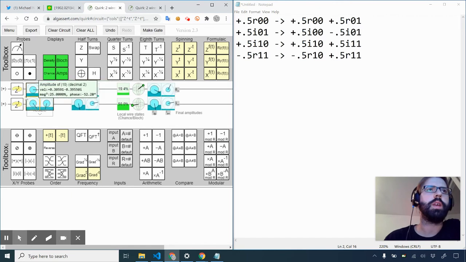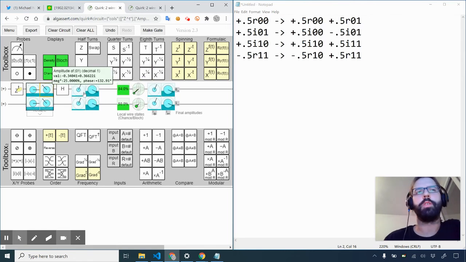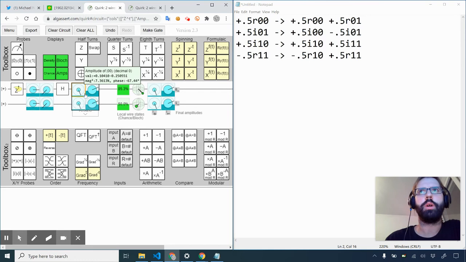So let's spin these guys. Even if we just spin this one, there is already some interference, right? Because the amplitudes are changing as well.